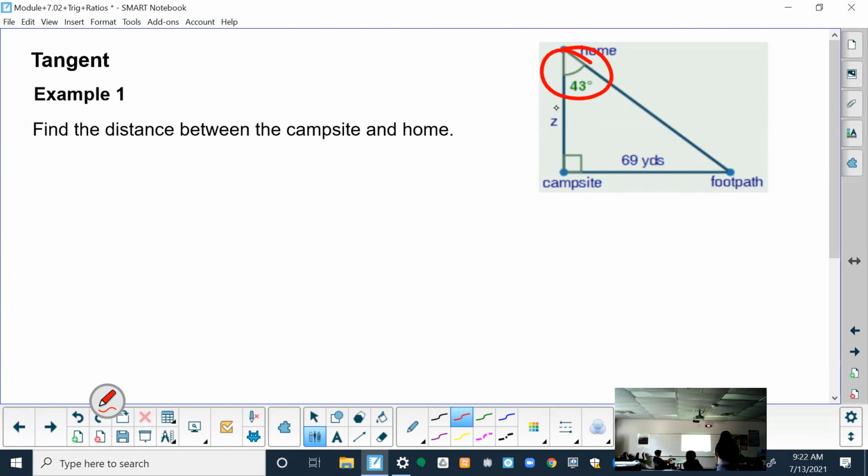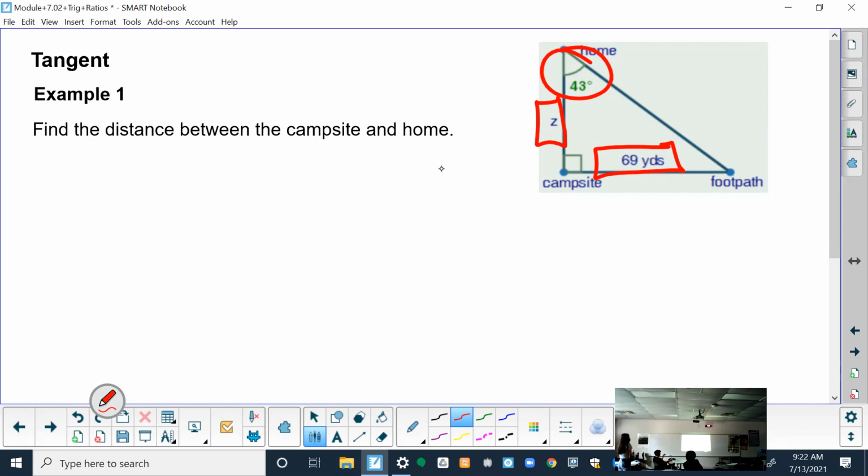And look at the sides that are labeled. So I have side Z, and then this other side that is 69 yards. That's between the campsite and home, that angle. We have to label those sides.